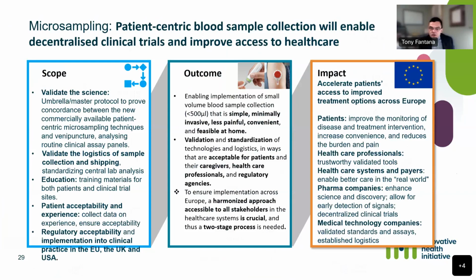Okay, so is the interest specifically in microsampling? Are you interested in other techniques, perhaps with more than 500 microliters of blood? That is an interesting question. I'd like to know what the topic writer here had in mind. The interest is in new techniques, right? So not techniques that are yet to be developed, but newly developed techniques that are able to collect around that 500 microliters of liquid blood.